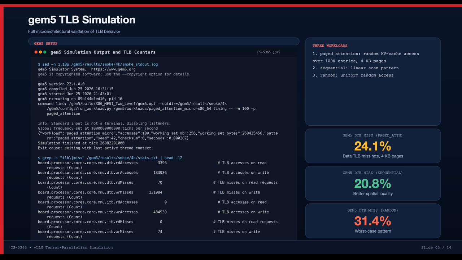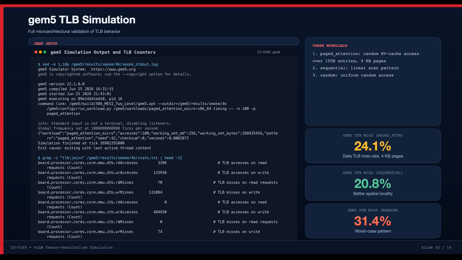The data TLB miss rates from the terminal output are PagedAttention, 24.1%, with 131,000 misses out of 133 total write accesses. Sequential was 20.8% better due to spatial locality, and random was 31.4%, which is the worst case pattern.